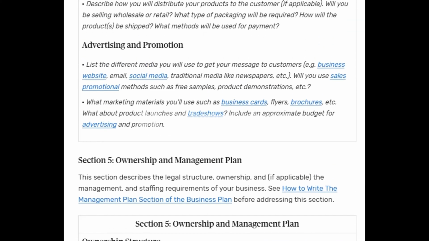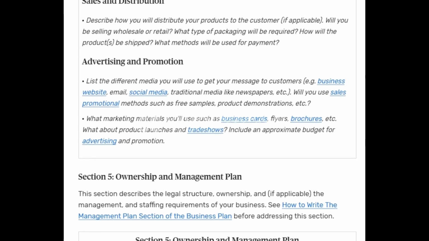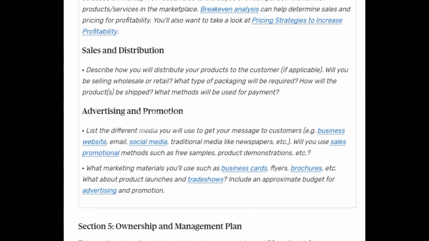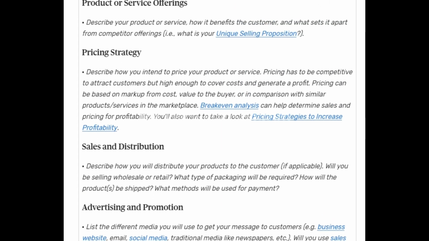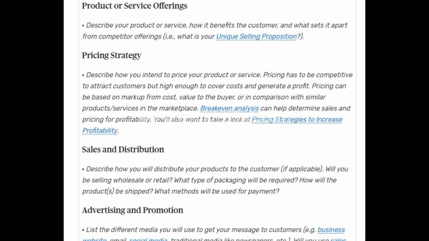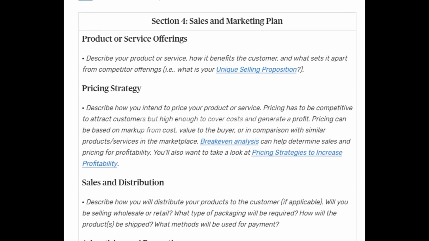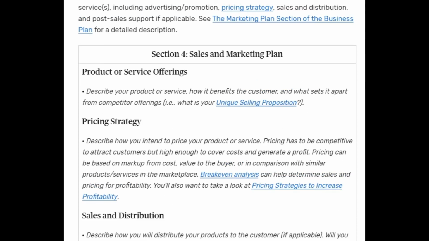Also, the main point is that nowadays there are too many templates and formats available. The main point is that it has to be flexible and robust. Unless it's flexible and robust, you will not be able to change accordingly as the trends are changing. It is more or less an automated business plan.